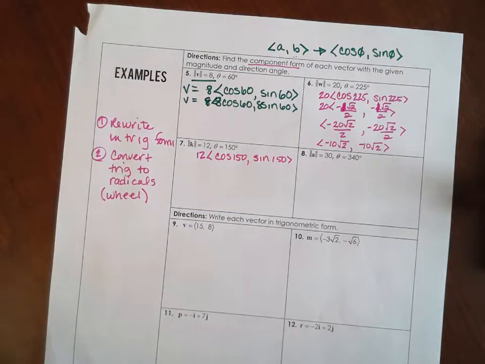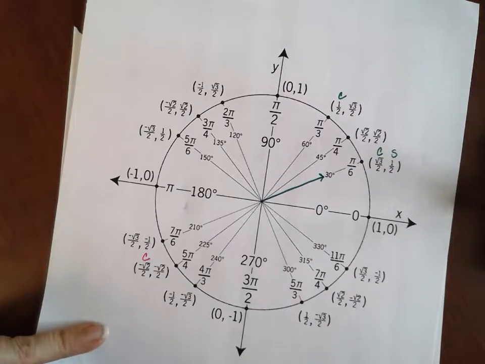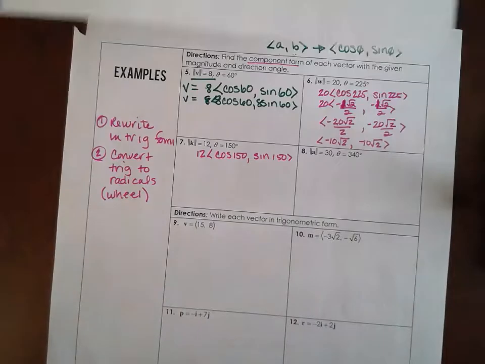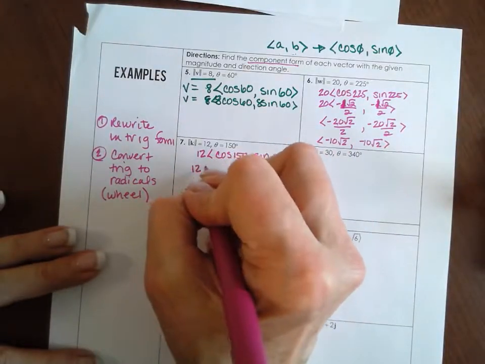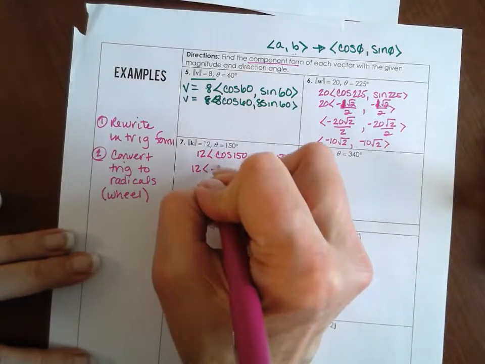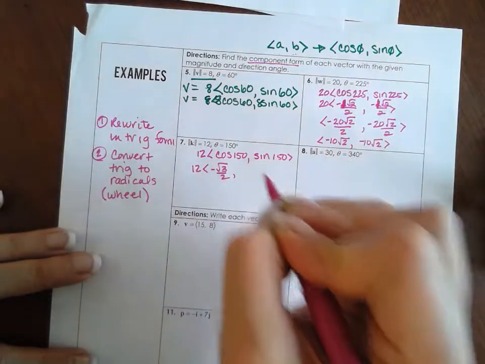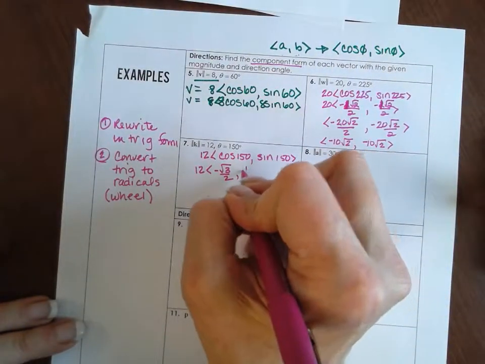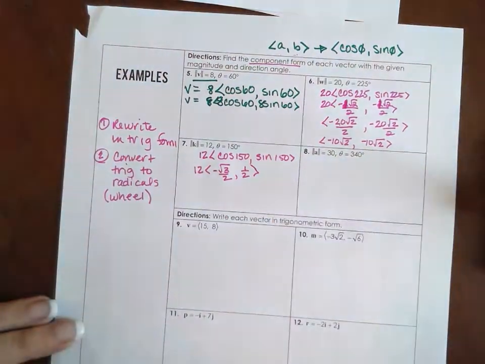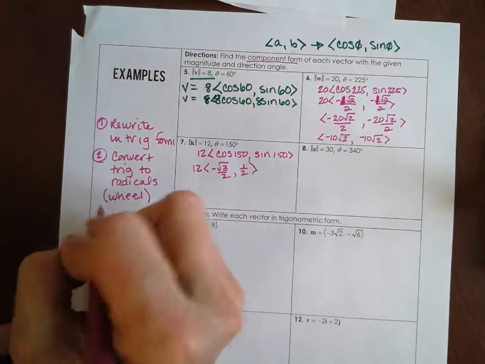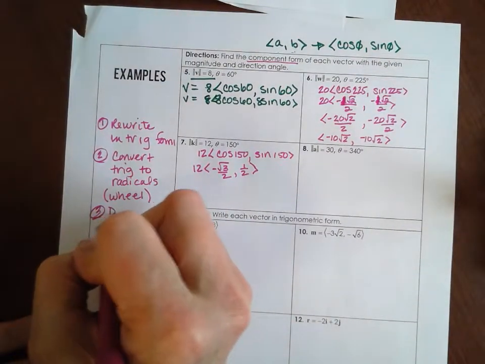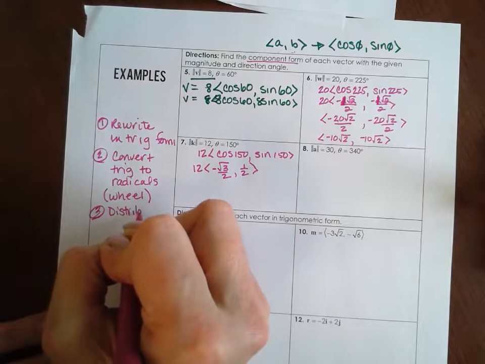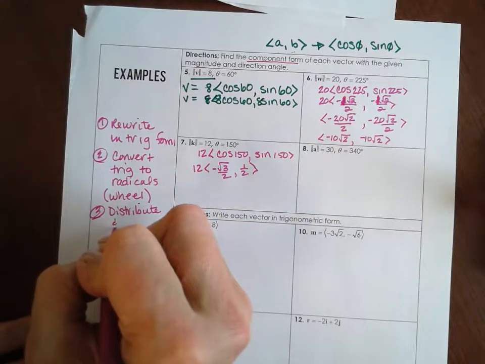All right, so cosine of 150 is what? So negative radical 3 over 2. And then the other one is 1/2. Sine is 1/2. All right, third step's going to be to distribute and then simplify.